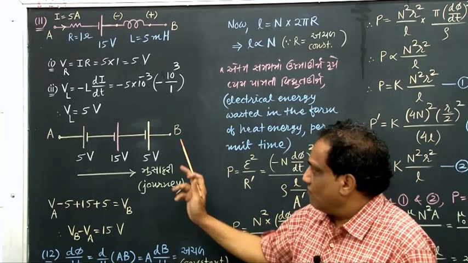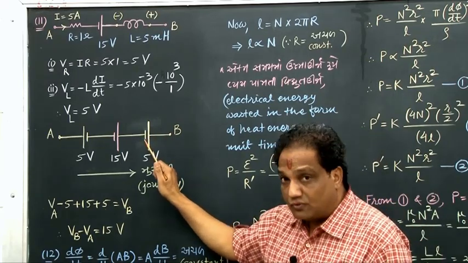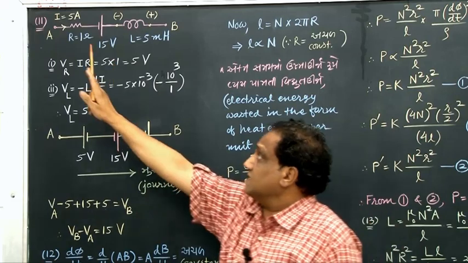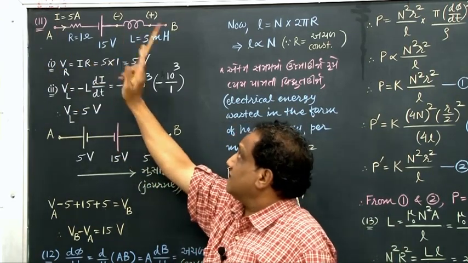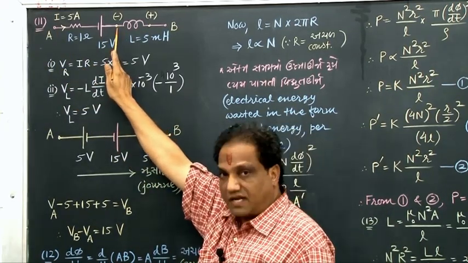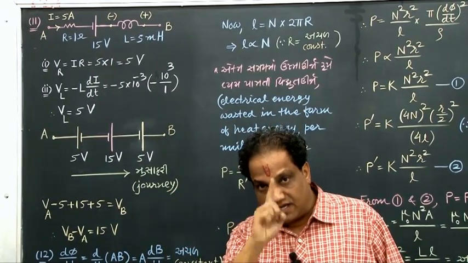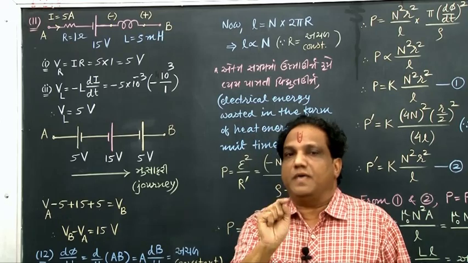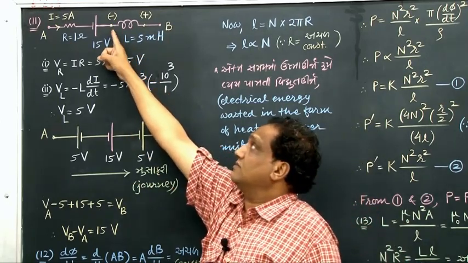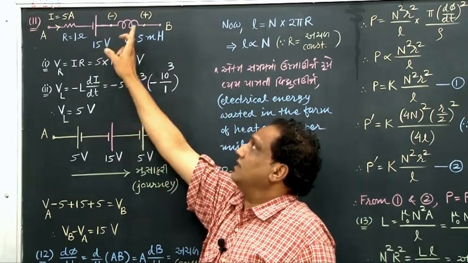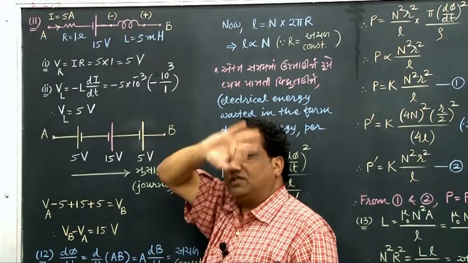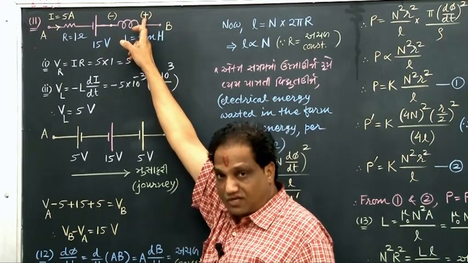But tell me, why is the left end negative? Listen, this current is entering this inductor from this end, correct? From a given end, if the entering current decreases with time, then that end becomes negative and the opposite end will be positive.